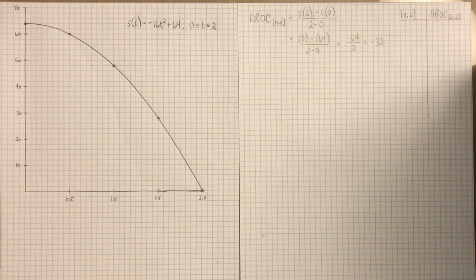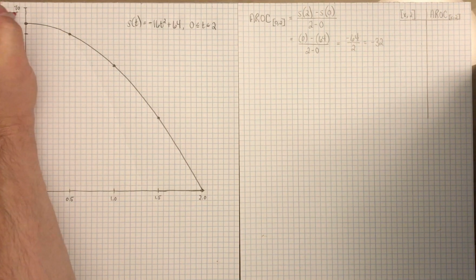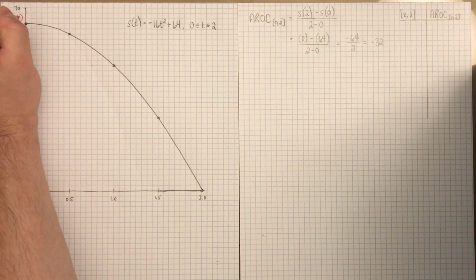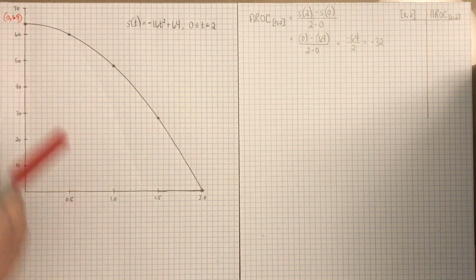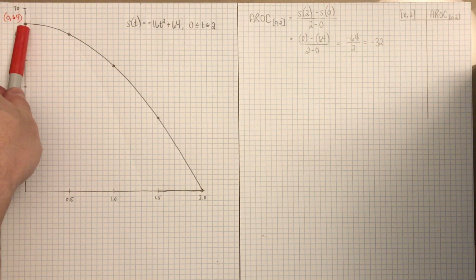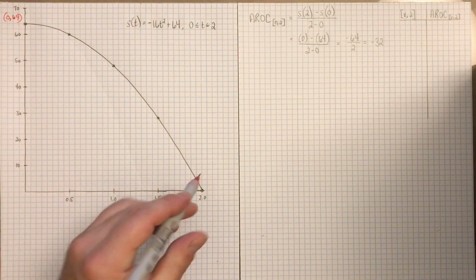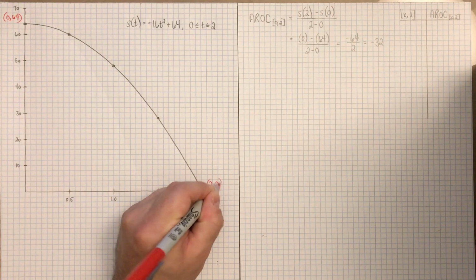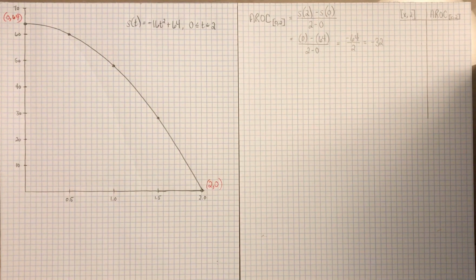Now, visually speaking, this is what that looks like on the graph. Here is the point up here, 0, 64. That is the initial time and the initial height. And down here at the very bottom is 2, 0. 2 seconds in, the height is now 0.